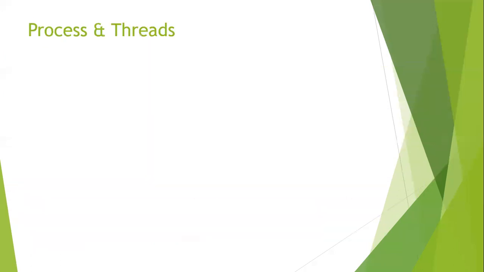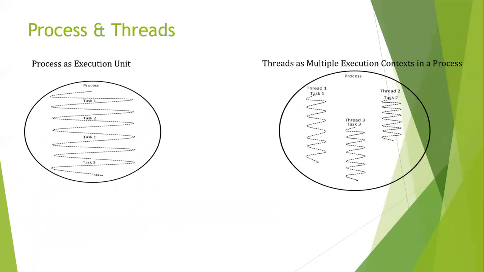In a pictorial way, this is the process as an execution unit. I told you we have multiple tasks. A process is a collection of multiple pieces of code, multiple lines of code or multiple tasks, where threads execute. The process will not execute on its own, so it contains multiple threads to execute the code.